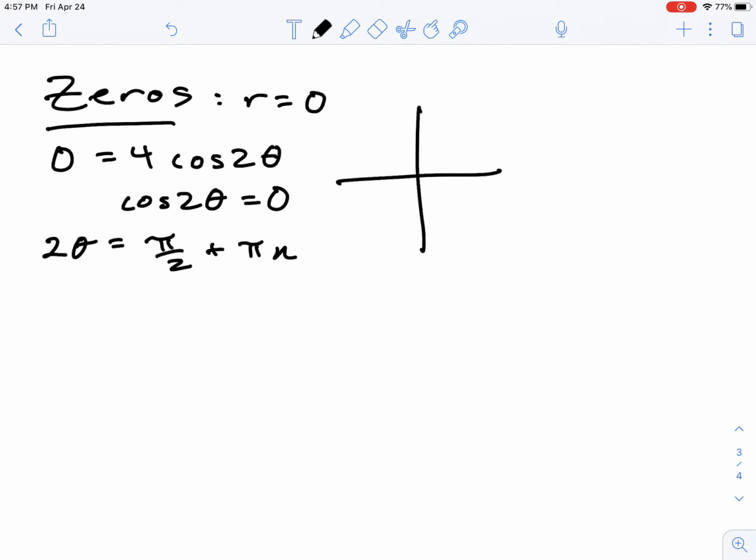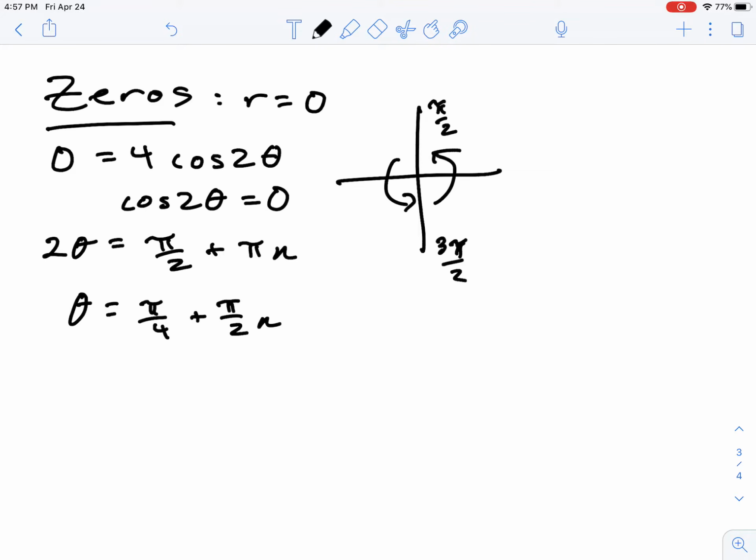If you recall, cosine is going to be equal to 0 at pi over 2, or at 3 pi over 2, or at any of those coterminal angles. So we're expressing that as pi over 2 plus every pi iteration of it. So theta is then equal to pi over 4 plus pi over 2 n.